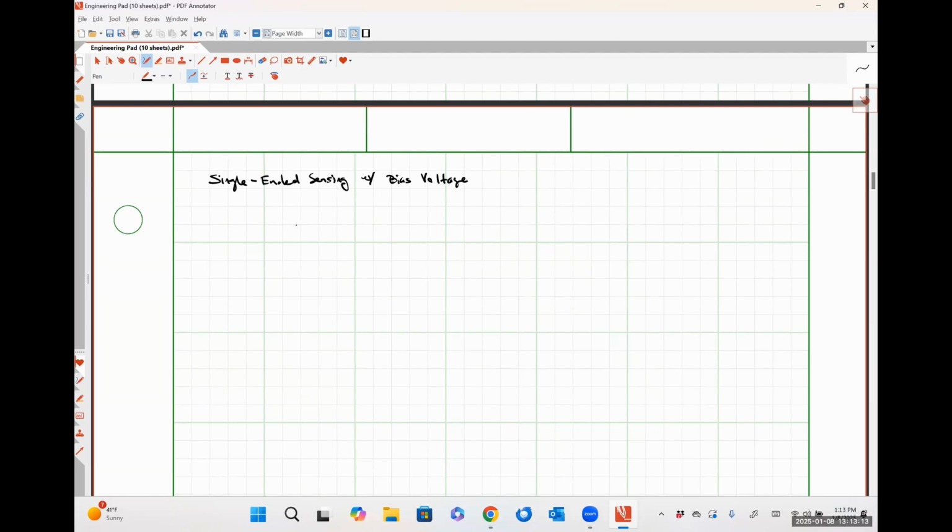So for this particular scheme, we might have something like this, where we've got some DC voltage. We have a reference resistor, R naught. And then we have our piezo-resistive sensor having a resistance of R naught plus delta R. And we take our output voltage here at the midpoint, right?